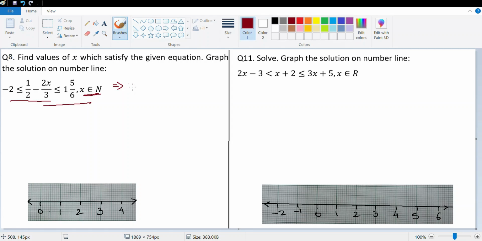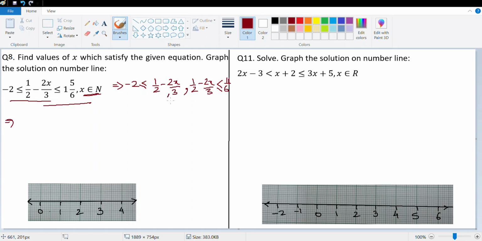So my first inequation would be negative 2 less than equal to half minus 2x upon 3, and then the second one is half minus 2x upon 3 is less than equal to 1 plus 5 upon 6, that's 11 upon 6.